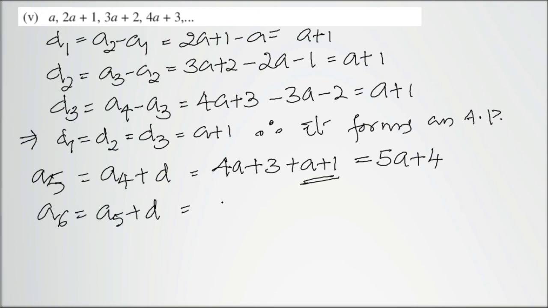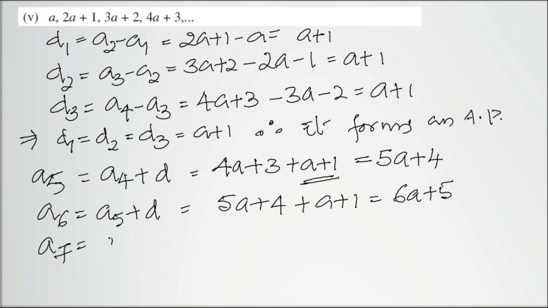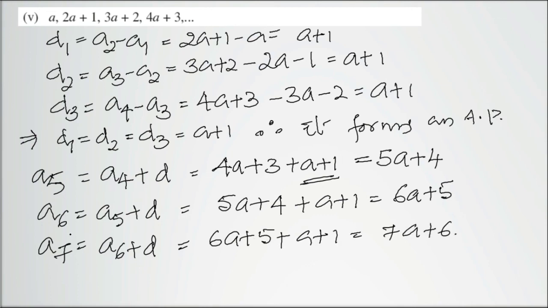We get 5a plus 4 plus a plus 1, which will be 6a plus 5. a7 will be a6 plus d. We get 6a plus 5 plus a plus 1, which is 7a plus 6. These are the next 3 terms of the arithmetic progression.